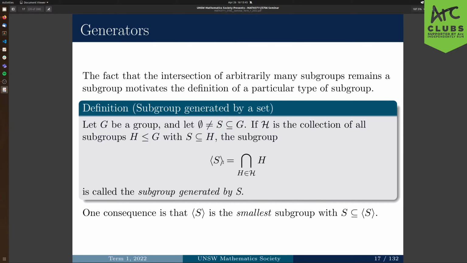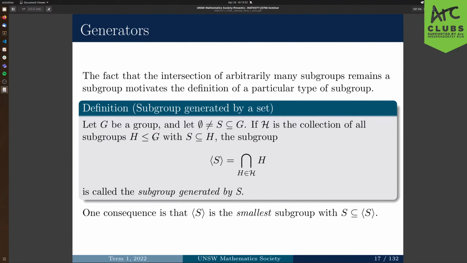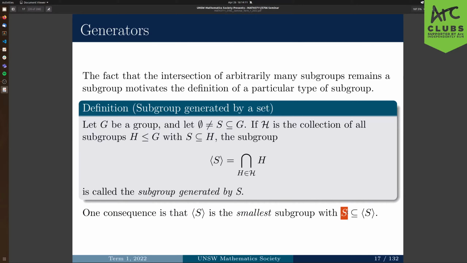Well, if I take all of the subgroups in G which contain S, and I take the intersection of them, you can prove that the intersection of subgroups is again a subgroup. So if you take the intersection of all of these subgroups that contain S, you get what we call the subgroup generated by S. And it turns out that this is actually the smallest subgroup with this subset contained in it. So in terms of the number of elements, this generated subgroup, bracket S, is going to be the smallest one.